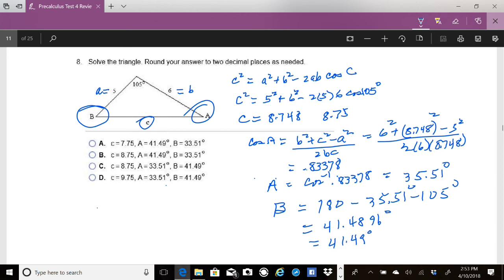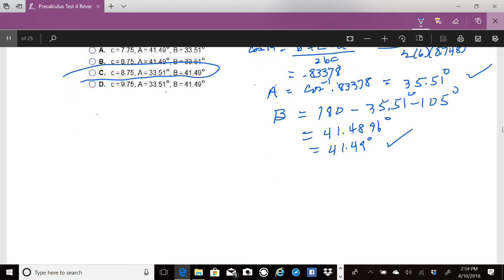So our answer is C is 8.75, A is 35.51, and B is 41.49. So that solves that triangle completely.